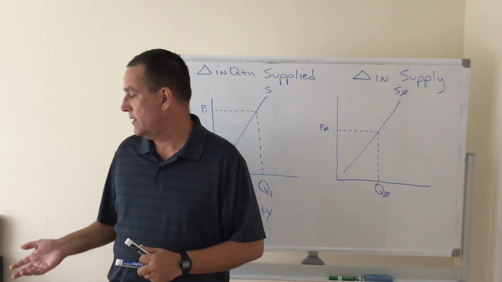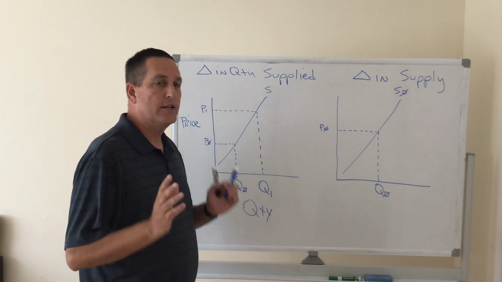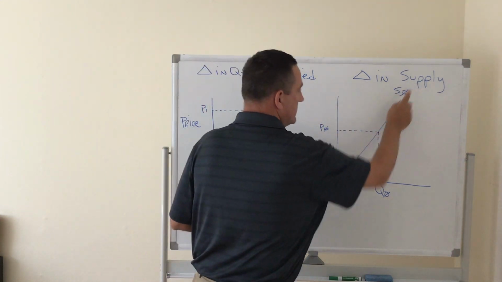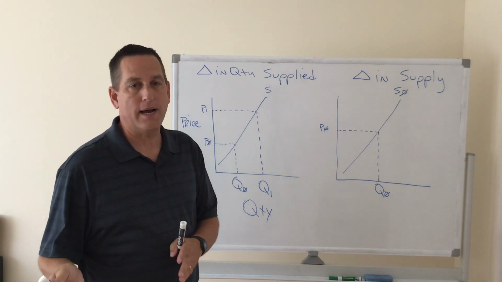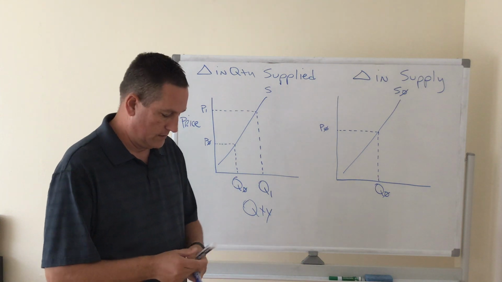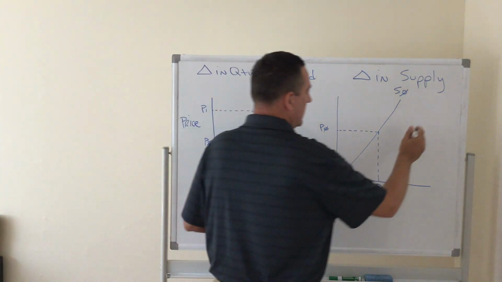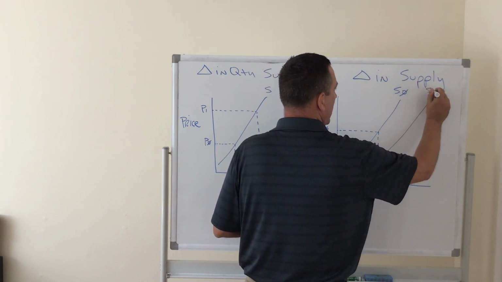On page 120, they talk about a change in supply. A change in supply means, just like before, suppliers are now supplying a different amount, but at the same prices. In order to show that, of course, the entire curve has to shift.